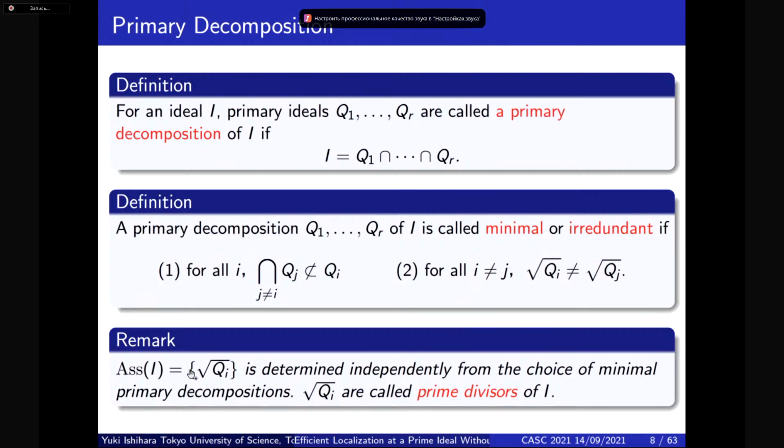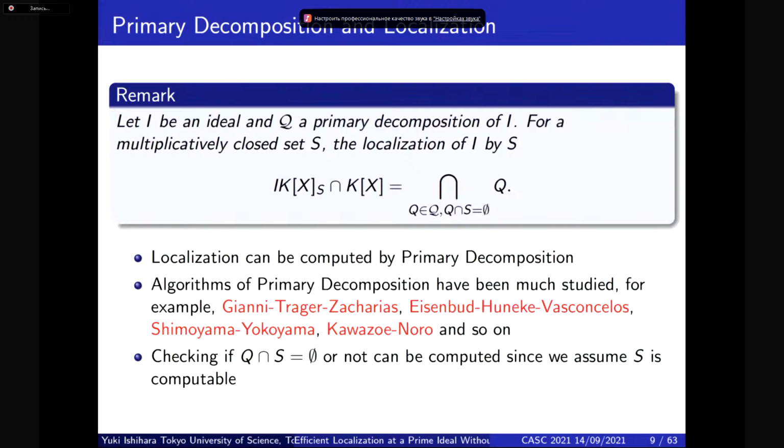And we also consider the prime divisors, or associated prime ideals, of I. It is the set of radicals of the primary components, and we say the radical of Qi is a prime divisor of I. Then I remark that the localization of I with respect to some multiplicatively closed set S can be computed through the primary decomposition of I, like this.